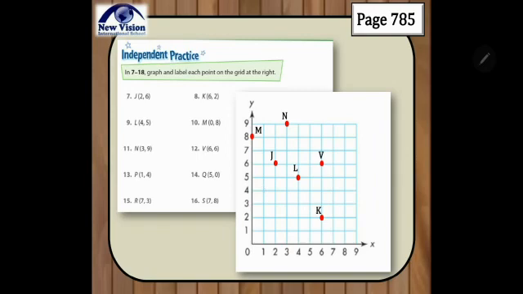So that's point P. Point Q, 5, 0. So that's point Q. Point R, we have 7, 3. Point R. And point S is 7, 8. Point S.